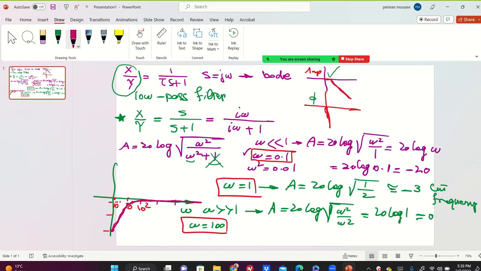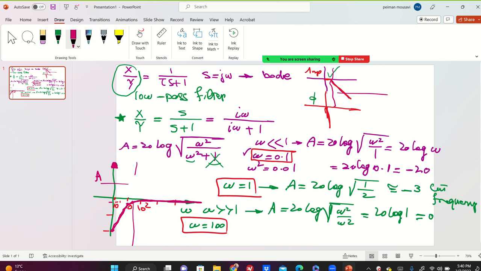So what's the name of this, guys? This is a high pass filter. In the low pass filter, we are filtering out the high frequencies. In the high pass filter, you are filtering out what? The low frequency. That's right, exactly the reverse.